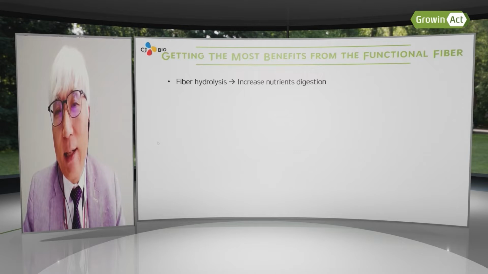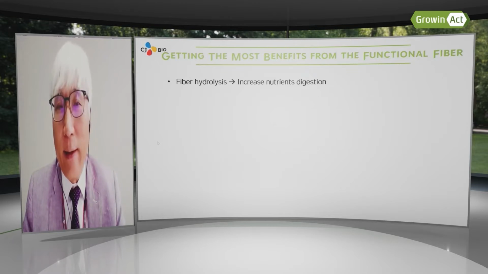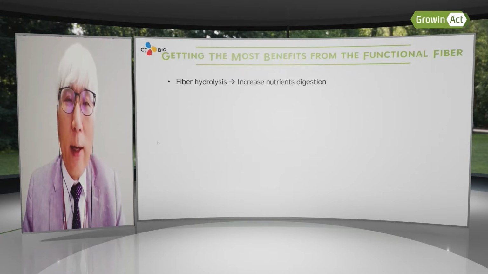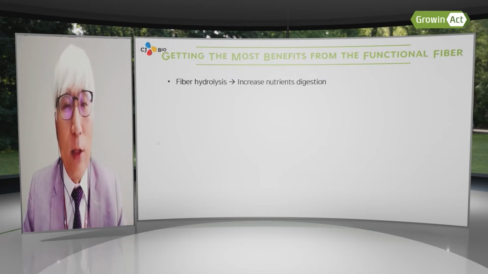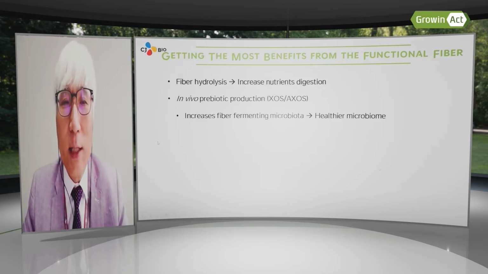That will increase nutrient digestion, because fiber is linked to protein and starch and other components of the nutrients in the grains and in the diet. And it also has a physiological role, as Dr. John Pulaski already summarized, in reducing nutrient digestion in the gut. Therefore, by hydrolyzing more fiber, we can increase nutrient digestion.